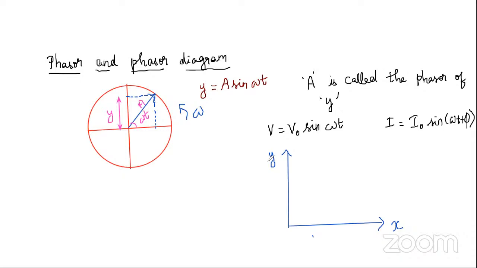So here the phasor I0 should be ahead of V0 by angle phi. Current leads voltage. So that we have to represent here. Current leads voltage. That means the voltage is here. So this is V0.